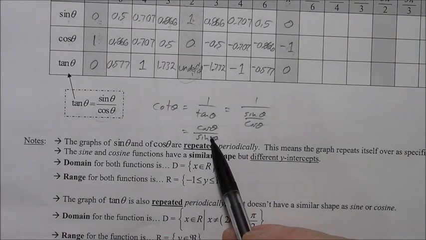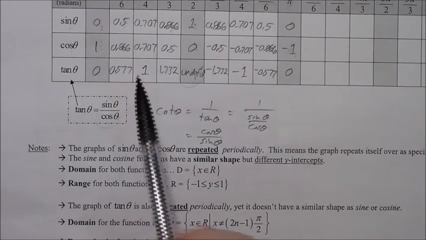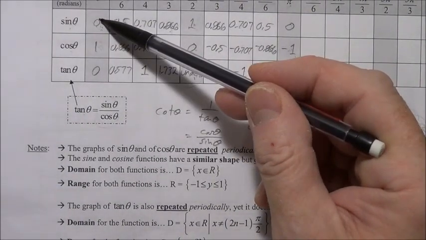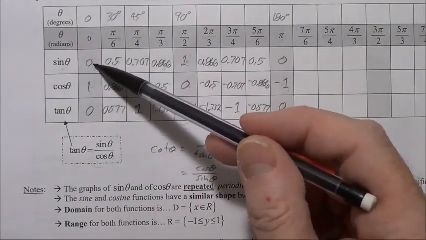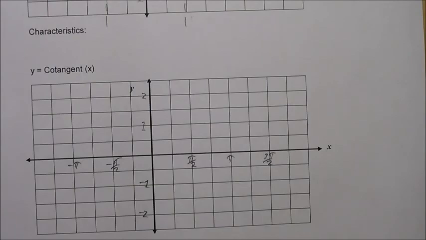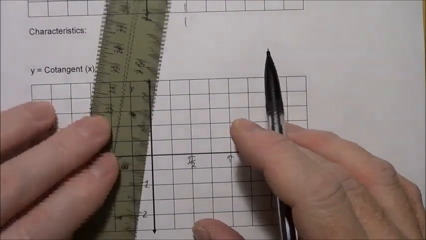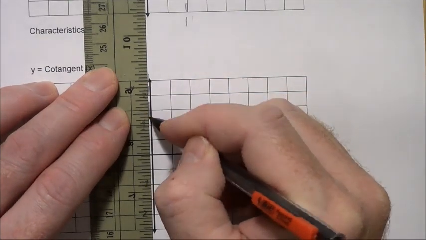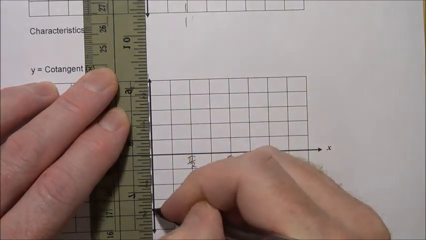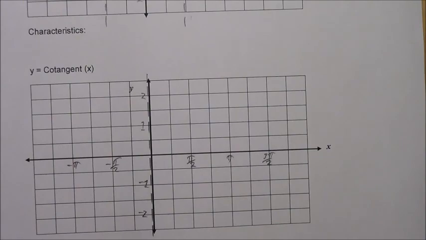So for the cotangent points, we're just going to take cosine and divide by sine. So for the angle of 0, now we have 1 divided by 0, so that's where the vertical asymptote is going to be for cotangent. It's going to be right here on the y-axis, or where the angle is 0.